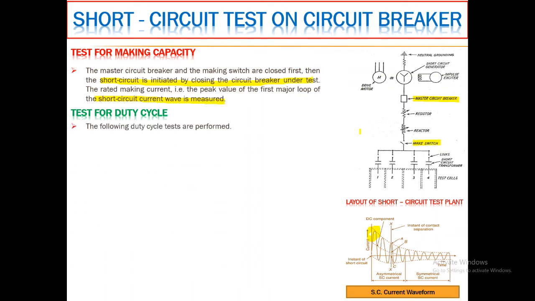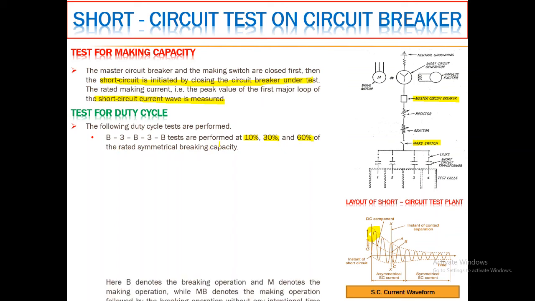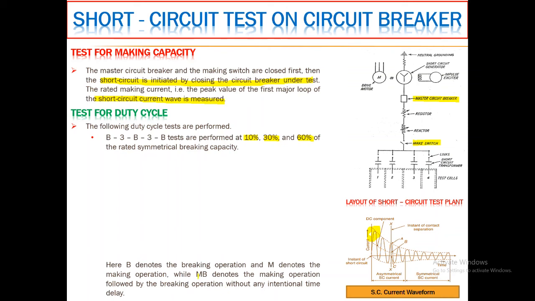Test for duty cycle. This is the sequence: B-3-B-3-B. Tests are performed at 10%, 30% and 60% of rated symmetrical breaking capacity, where B denotes a breaking operation and 3 is the time interval, usually in minutes. So between two successive operations there is a waiting of 3 minutes.